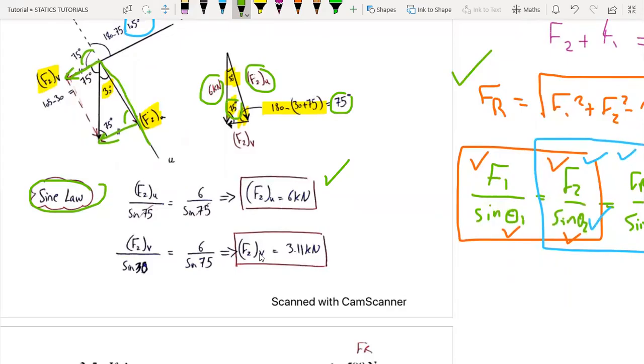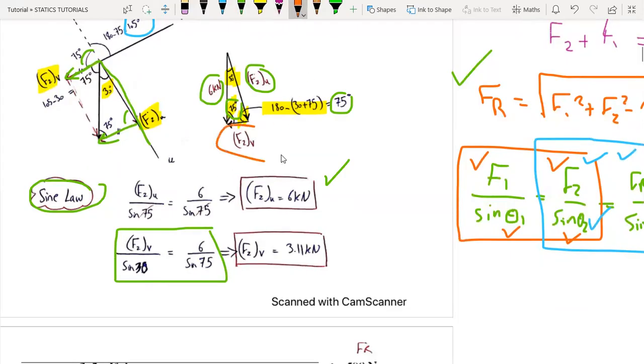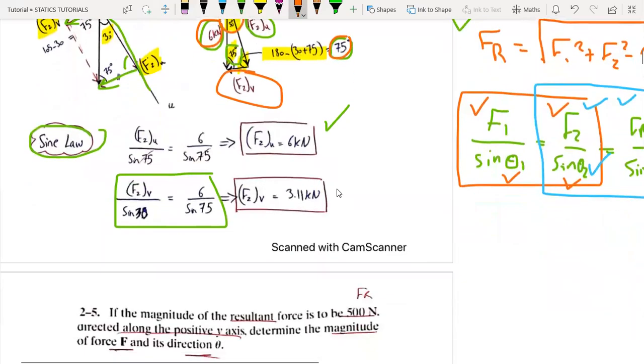And to find the component of F2 along the V axis, we are going to construct this ratio: F2V over sine 30 equals 6 kilonewtons over sine 75, okay? And we will get 3.11 kilonewtons.